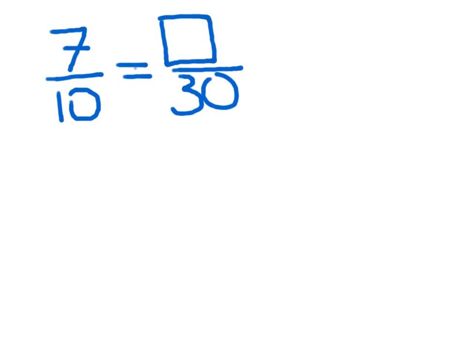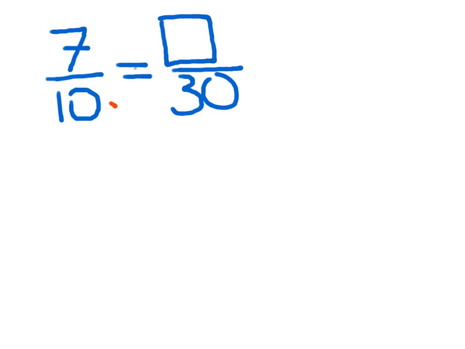In this problem here, we're given 2 equivalent fractions, but they've left out one of the numbers. So we have to try and figure out what fits into that box. Well, let's have a look at the denominators of the 2 numbers, so 10 and 30. Now, thinking back to the other examples, what would you have to do to 10 to turn it into 30?